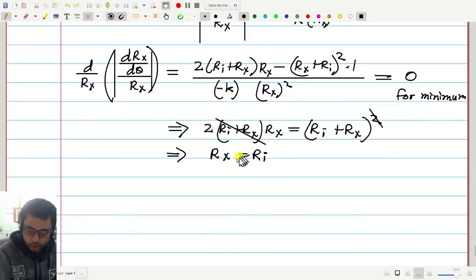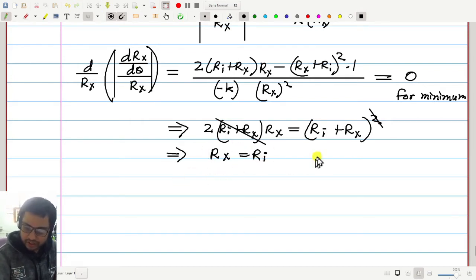Yeah, this could also be the maximum. Whether it is maximum or minimum, to decide that we have to differentiate this quantity once again and make sure the second derivative is positive. That I am leaving as a homework, you check it yourself. That will come out to be positive.